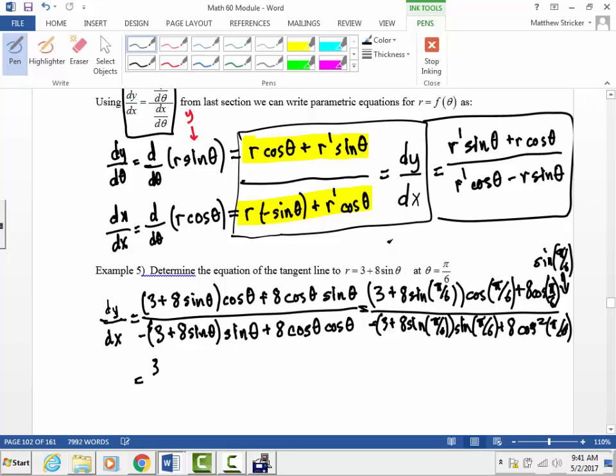So this is 3 plus 8 sine of pi over 6, which is 1/2. Cosine of pi over 6 is root 3 over 2.